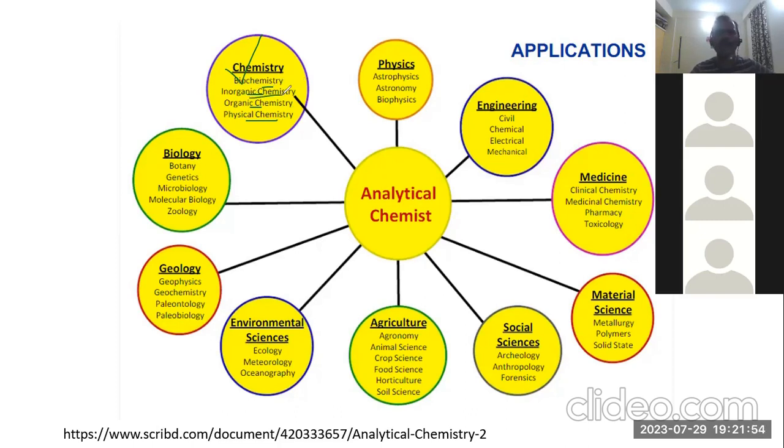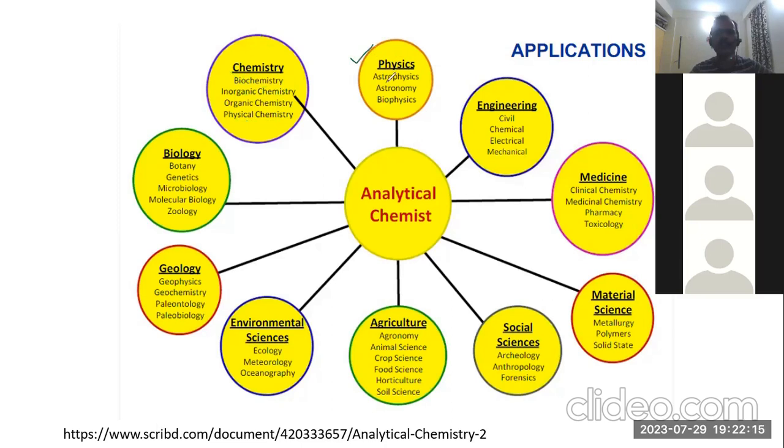In inorganic chemistry, obviously, different types of elements, whether they are present and how much is present, we can quantify, and we can know the quality also. Then in organic chemistry, we can separate different types of material, and in physical chemistry also we need to use analytical chemistry.